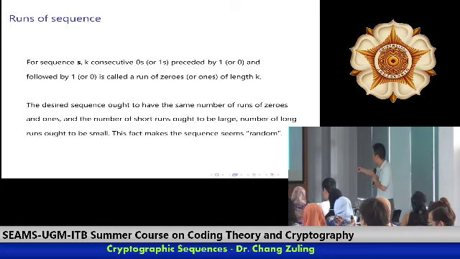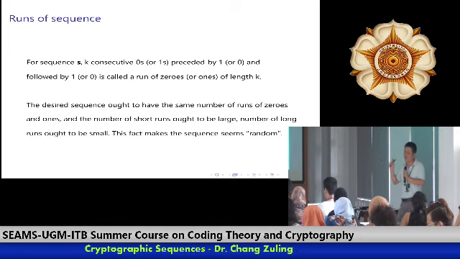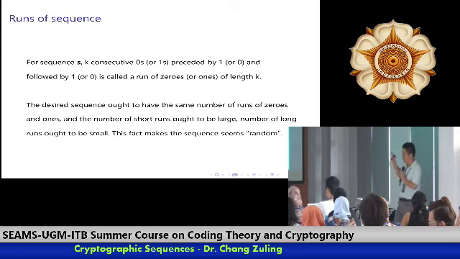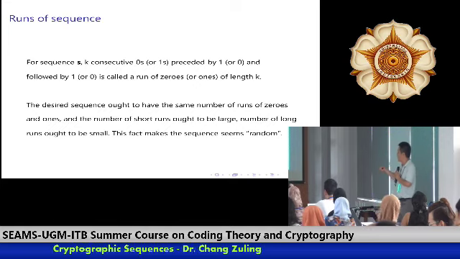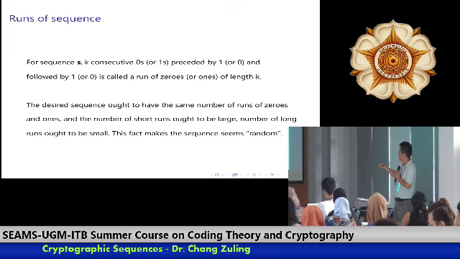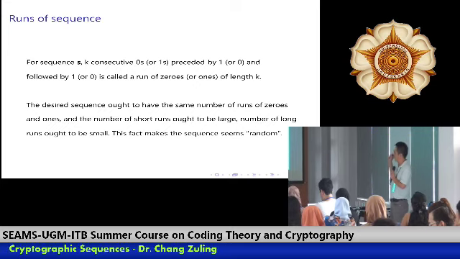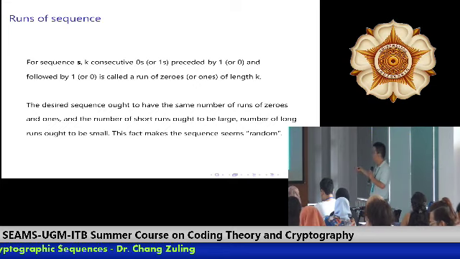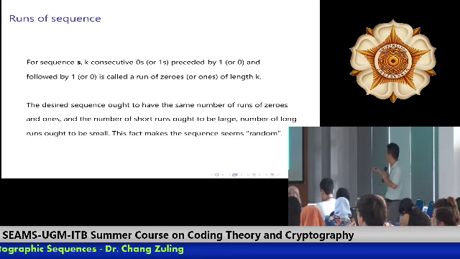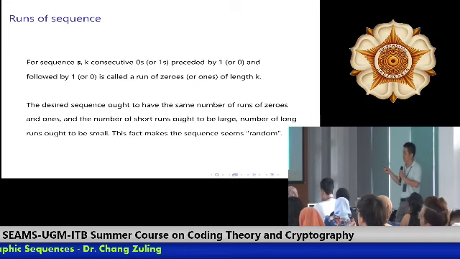This makes the sequence seem random. We hope the sequence is random or pseudo-random. So we want the runs of the sequence to obey these rules: the number of runs of zeros and runs of ones ought to be the same, the number of short runs ought to be large, and the number of long runs ought to be small. So this is a condition.